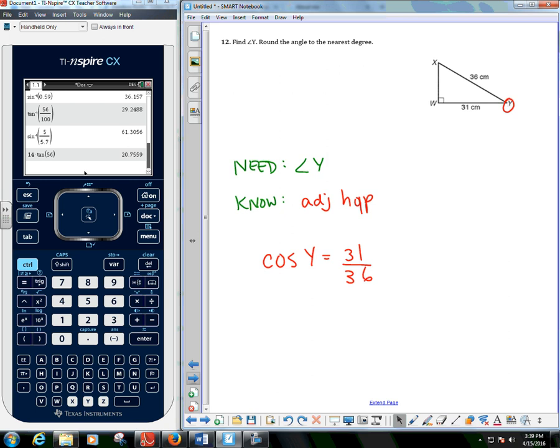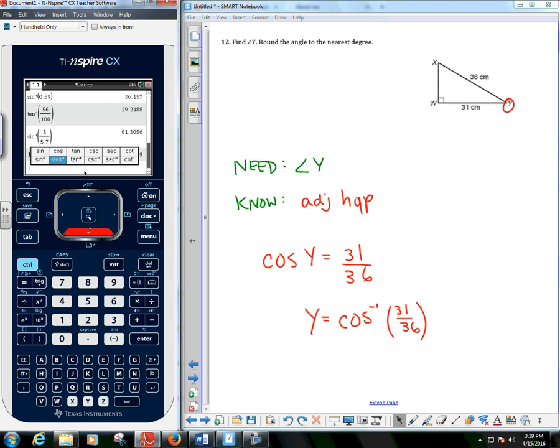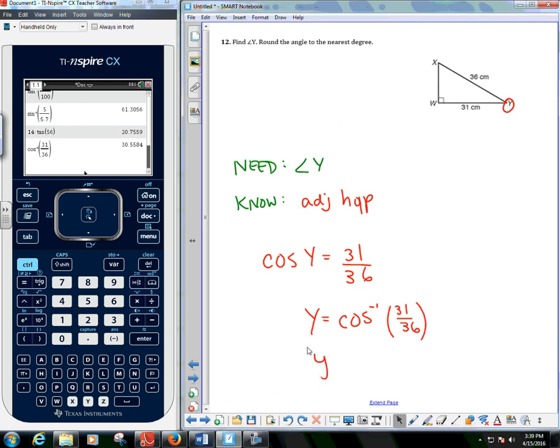Again, if I'm looking for an angle, I use cosine inverse. So I find the cosine inverse of 31 over 36: trig function cosine inverse, 31 divided by 36 gives me 30.558. Y is approximately, oh, we're rounding to the nearest degree, so this is 31 degrees. So the measure of angle Y is 31 degrees.